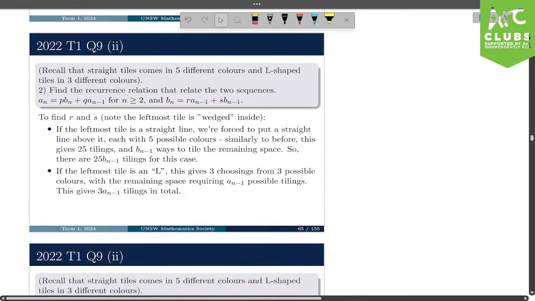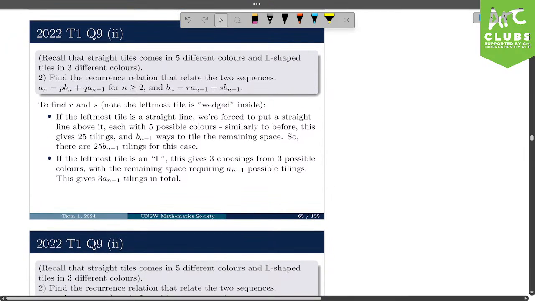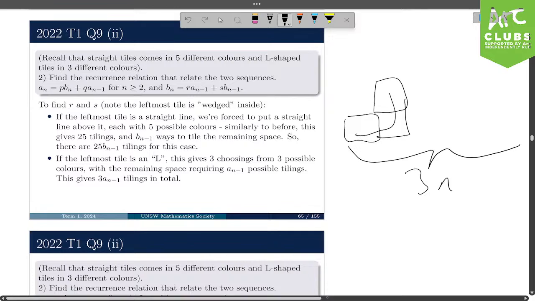Then we have, if the leftmost tile is instead an L, so if we wedge L into the space, we have 3 ways of wedging this L. And you can imagine that because this entire length here is 3n minus 1, if I do 3n minus 1 minus 2, that's equal to 3n minus 3.